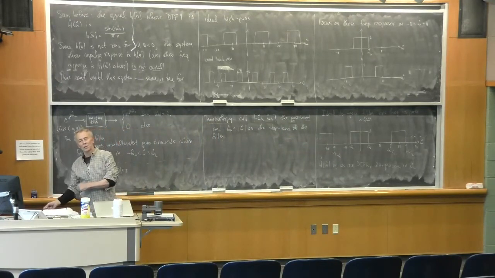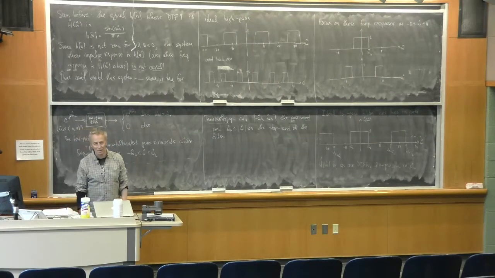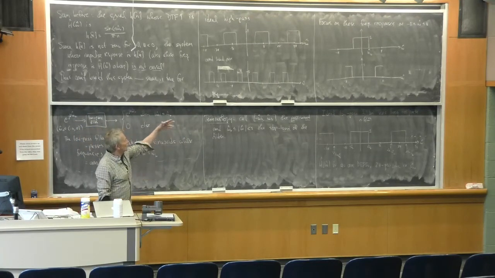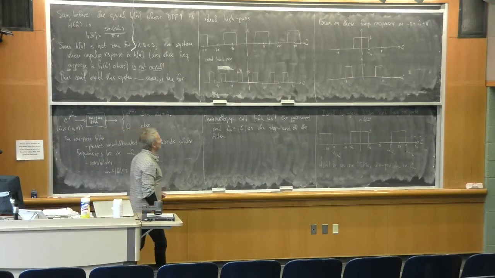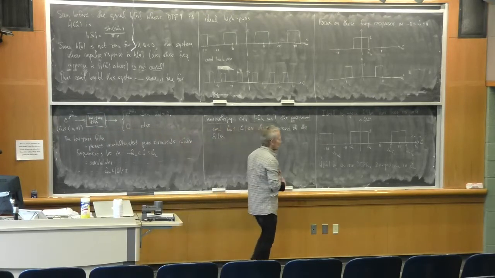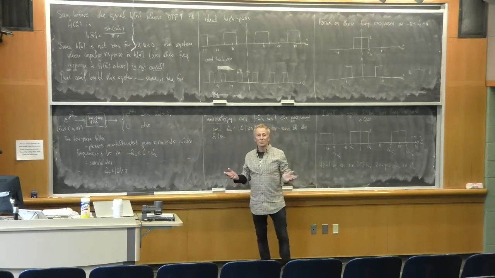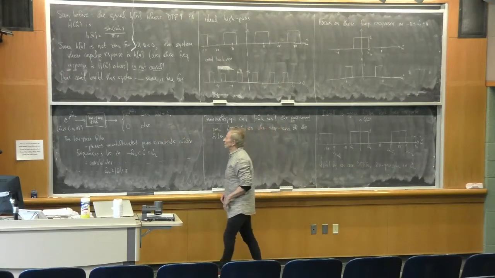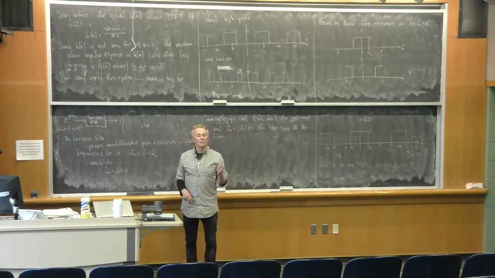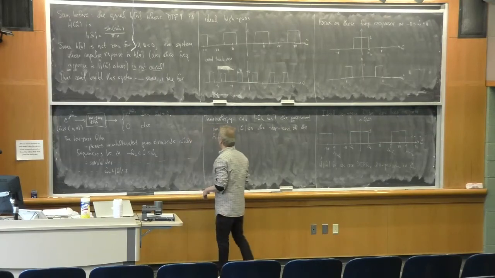It kills sinusoids whose frequency is in the stop band. And you could go to the high pass and the band pass and define pass band and stop band similarly and see what they do to sinusoids. They pass them if the frequency is in the pass band. They stop them if the frequency is in the stop band.